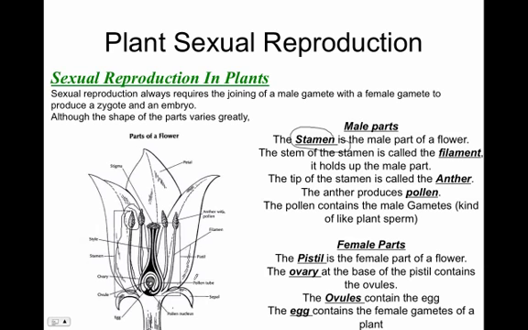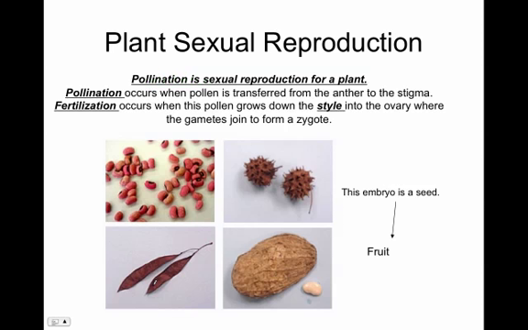The female part is called the pistil, circled here. The pistil is made up of the ovary down below where my pen is, the ovules, and the egg, which is inside the ovules. Pollination is sexual reproduction for a plant.